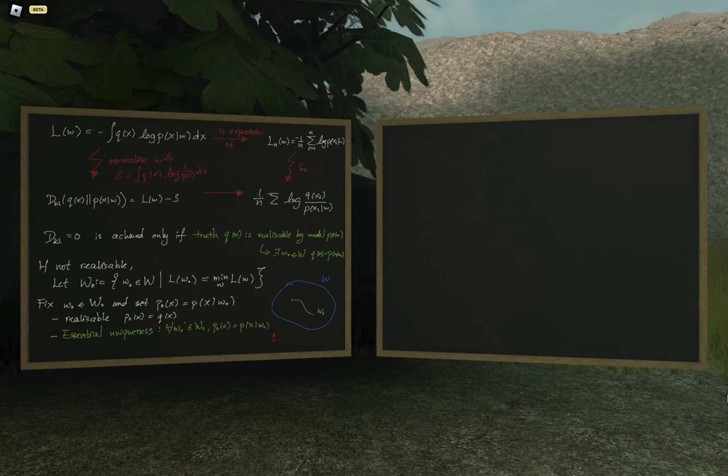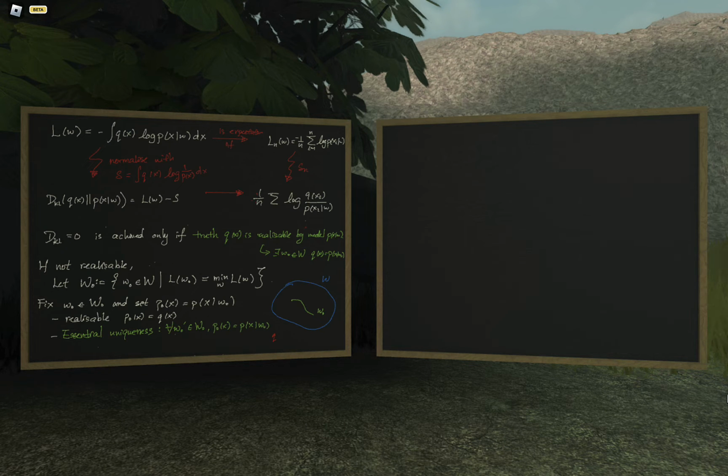No, P0 of X is one optimal distribution. So I have fixed a W0. Pick any one of them. Essential uniqueness is saying that it doesn't matter which optimal parameter I pick, it will all define the same distribution. That's essential uniqueness. I see. Okay, so this is not realizable. This notion is defined. Correct.